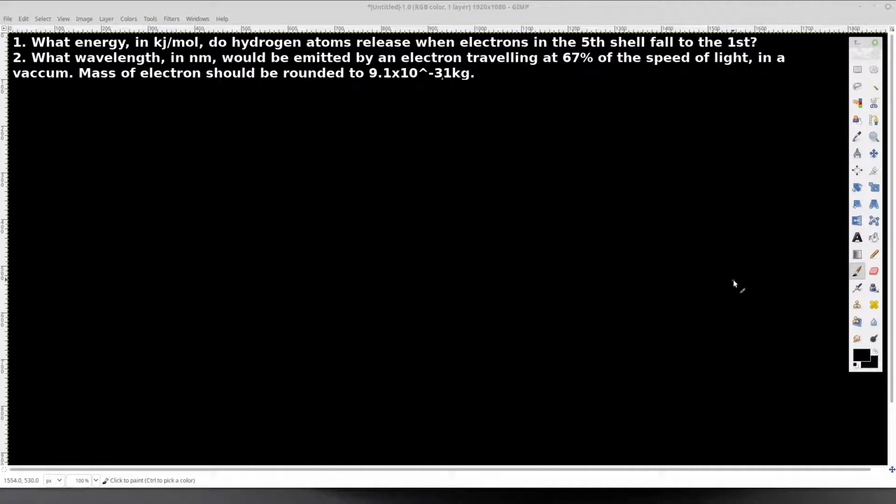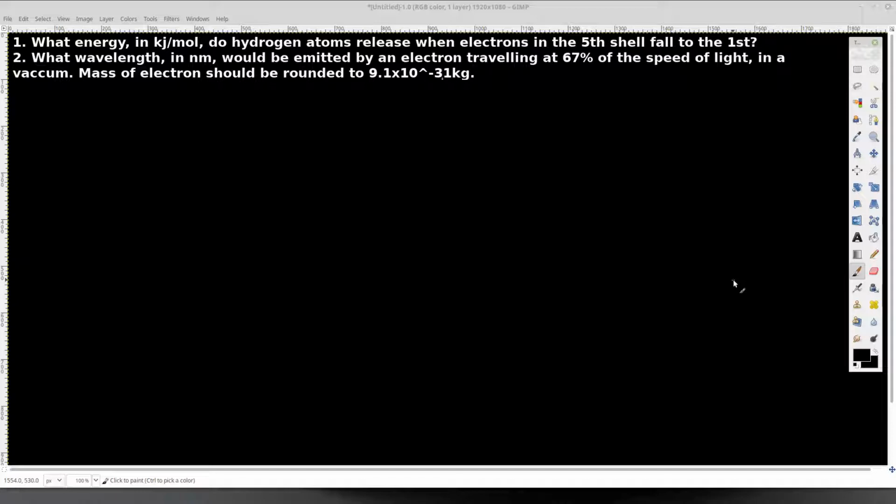So let's look at this number 2. On number 2, it says, what wavelength in nanometers? Alright, they're already trying to see if we can show out by asking us to convert to nanometers. But anyway, what wavelength in nanometers would be emitted by an electron traveling at 67% the speed of light in a vacuum? And then they tell us the mass of the electron should be around 9.1 times 10 to the negative 31 kilograms.